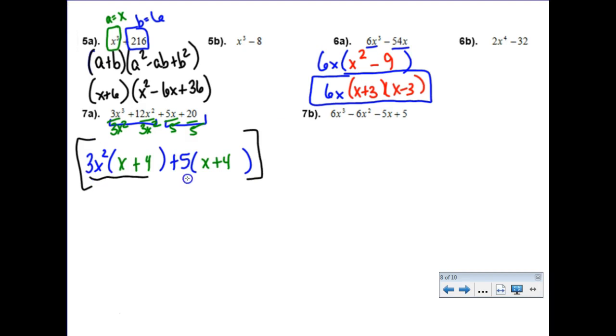This is a term and this is a term. But within those 2 terms, there is a common term, it's written in green, of x plus 4. So that x plus 4 comes out in front of the whole problem. We're factoring it out, so it's gone. But what is still there? Good, 3x squared plus 5.